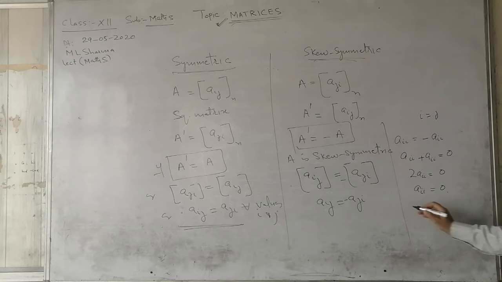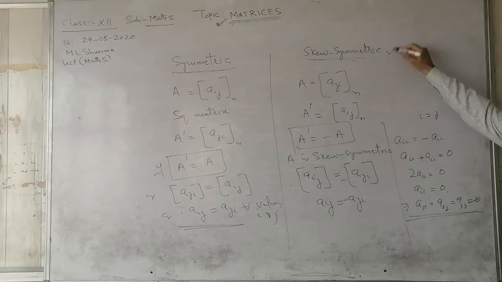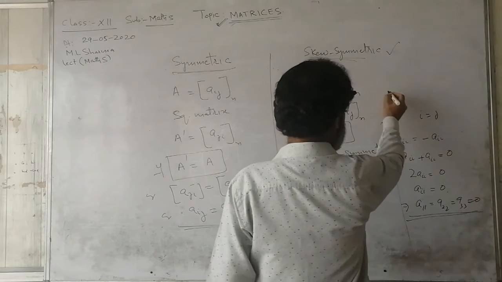That means this shows A11, A22, A33 equal 0. That means in case of a skew symmetric matrix, the diagonal elements are 0.